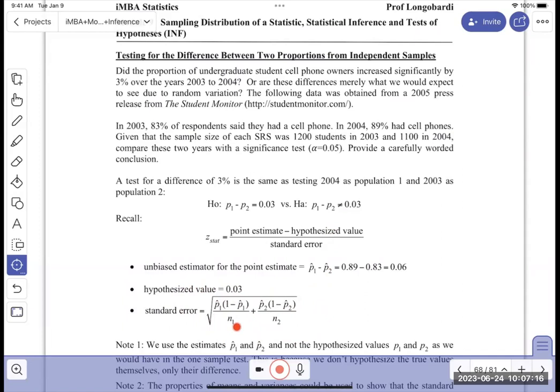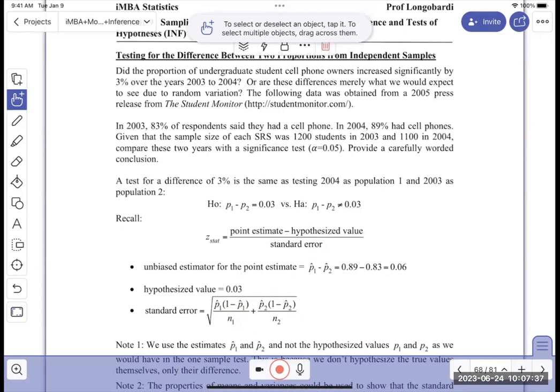This is the variance of the first population, an estimate of the variance of the first population proportion. And then this is the variance of the second population. So all this stuff looks familiar, but it's a little bit different.